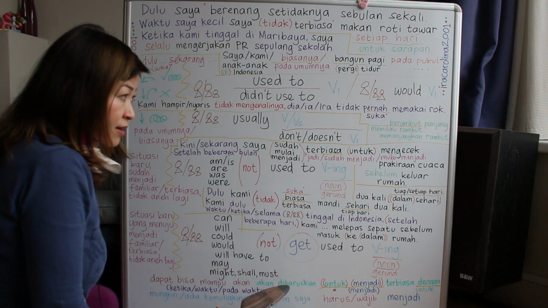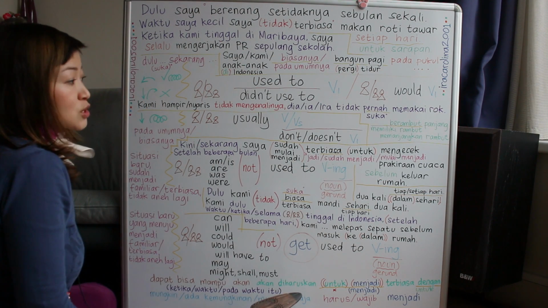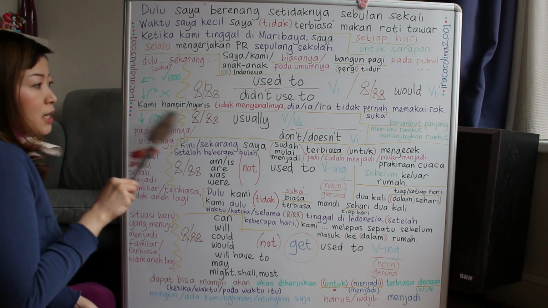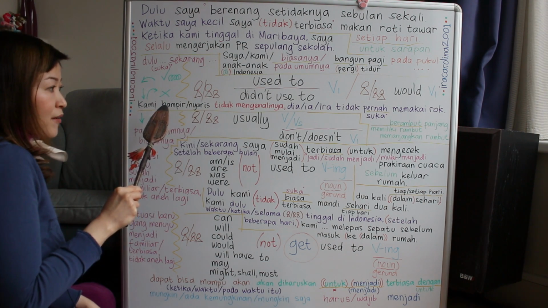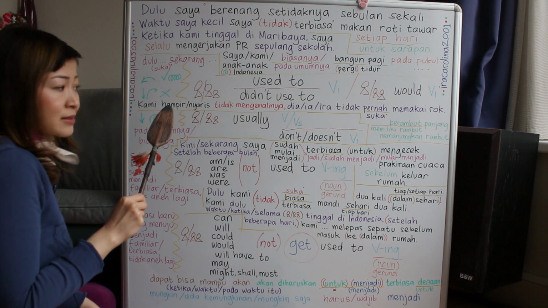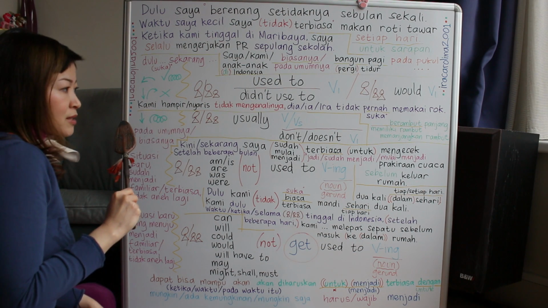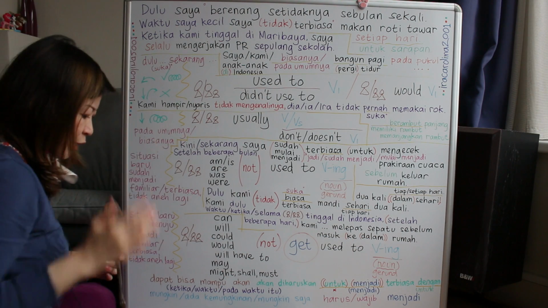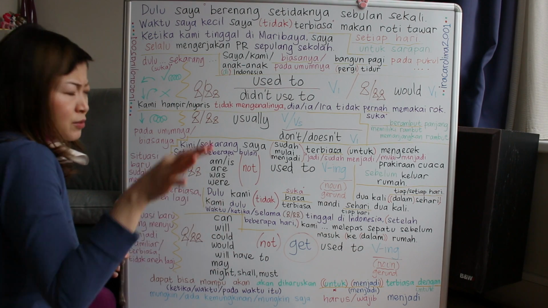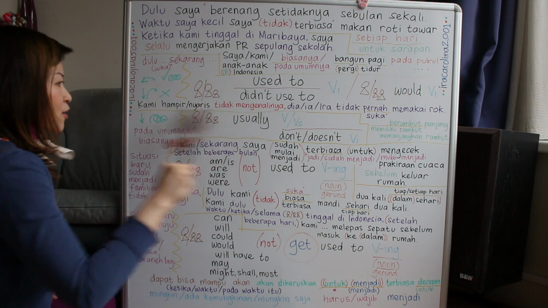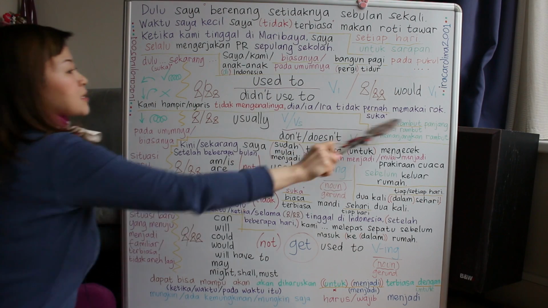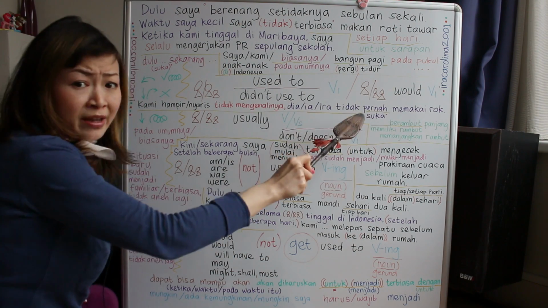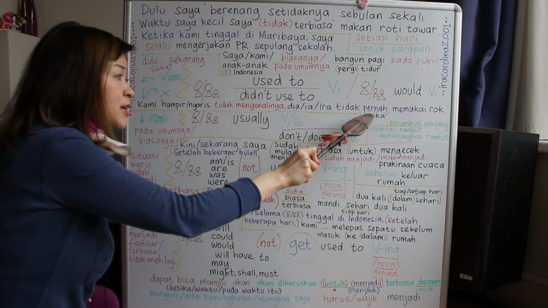Memakai, wear, rok, skirt. In this sentence, we don't have any time signal, but that is common in Indonesian language. Our brain automatically recognizes that this happened in the past, even though we don't put any time signal word for it.